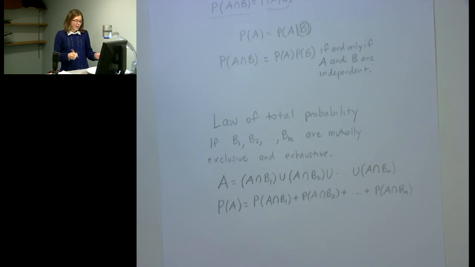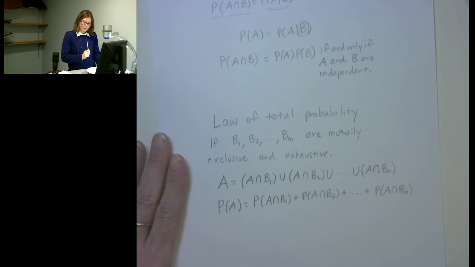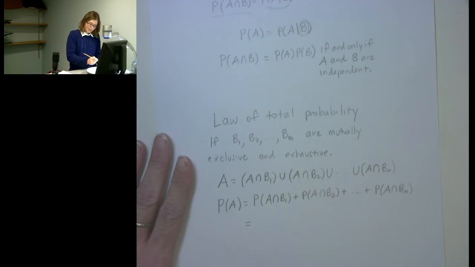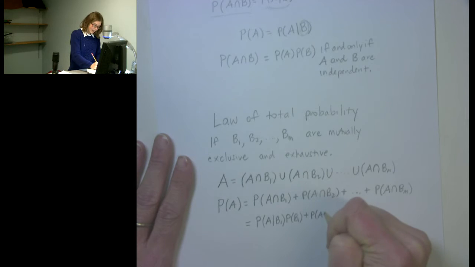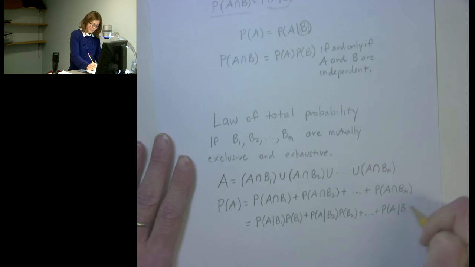And then if we have independent events, we could multiply probabilities, but in general, this would be the same as the probability of A given that B1 occurs times the probability that B1 occurs, plus the probability of A given that B2 occurs times the probability that B2 occurs, and so on, up through the probability of A given that event B sub m occurs times the probability that B sub m occurs.